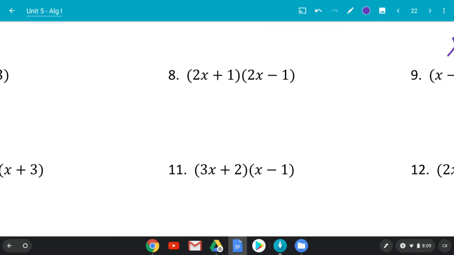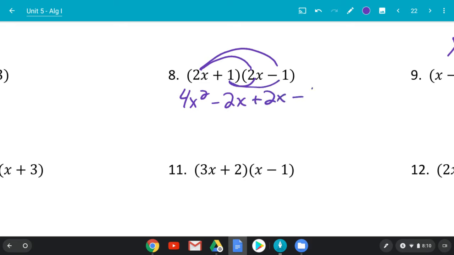Okay, when I go ahead and distribute, I go 2x times 2x is 4x squared. 2x times a negative 1 is a negative 2x. 1 times 2x is a positive 2x. And 1 times a negative 1 is a negative 1. And then look what happens with our like terms.